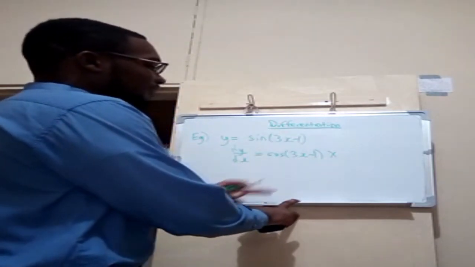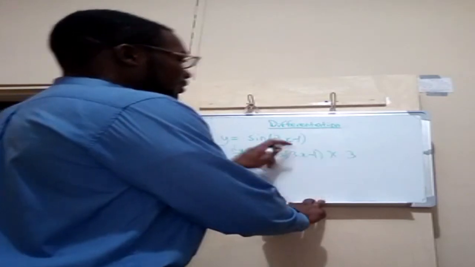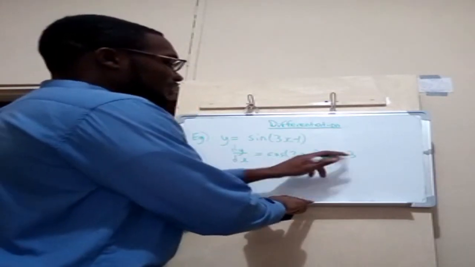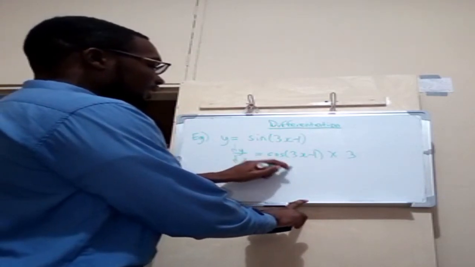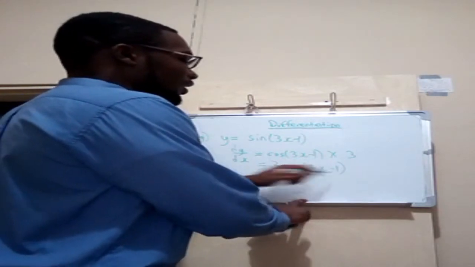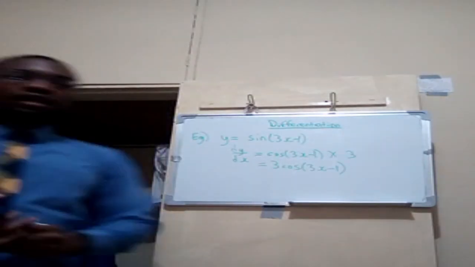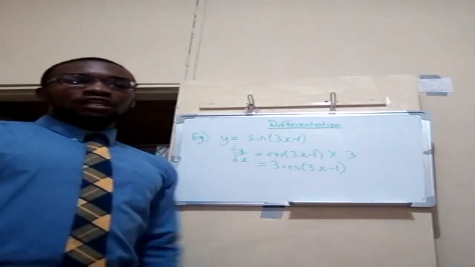When we differentiate 3x, we get 3. When we differentiate minus 1, we get 0, so we times it by 3. And so dy by dx is 3 times the cosine of 3x minus 1. And that's an example of differentiating a sine function.